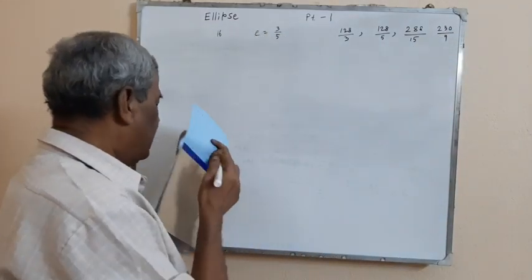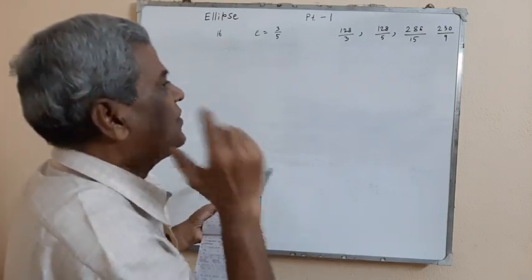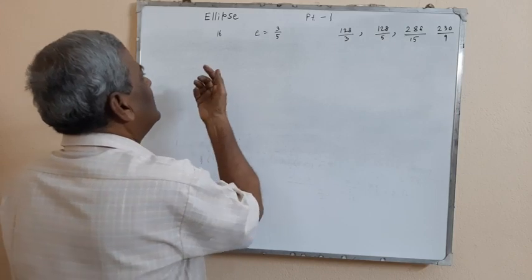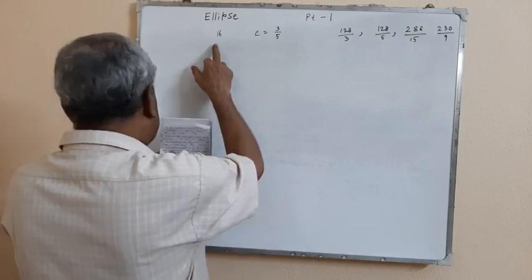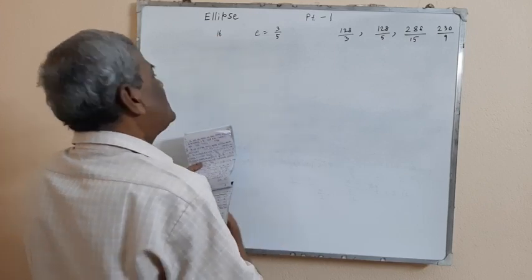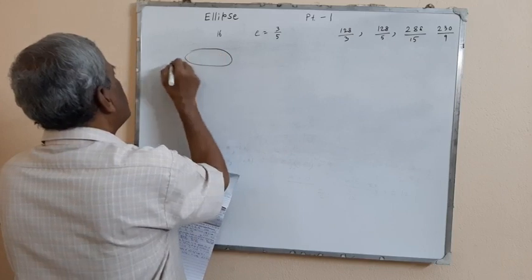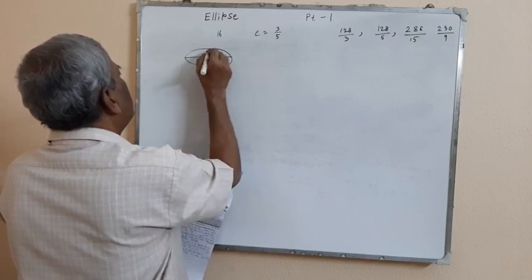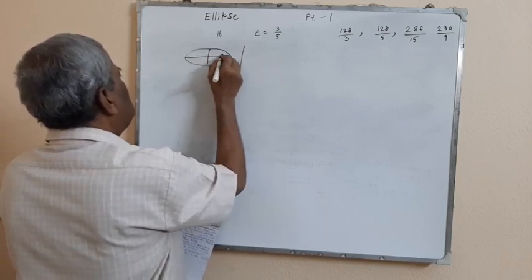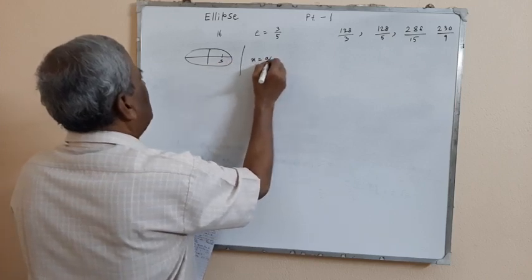So here the problem is for an ellipse, the distance between the focus and the corresponding directrix is given as 16. This is the focus, this is the directrix, x is equal to a by e.